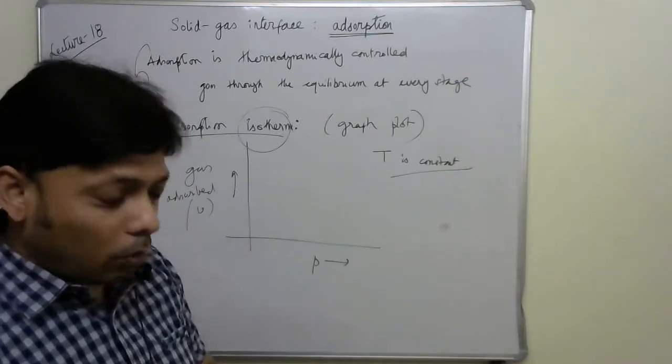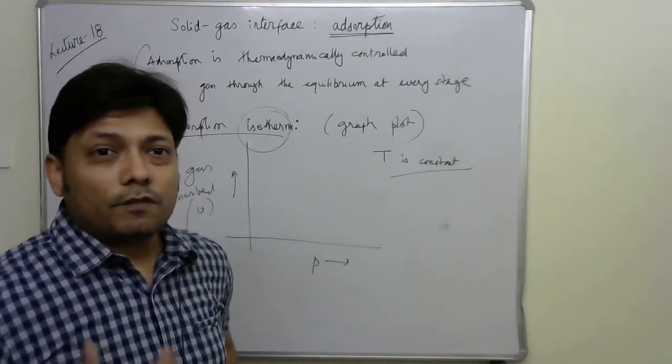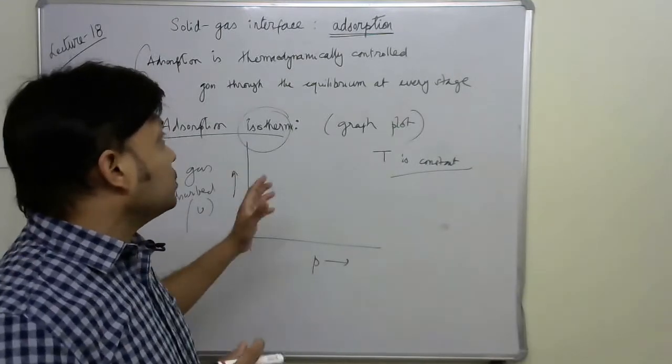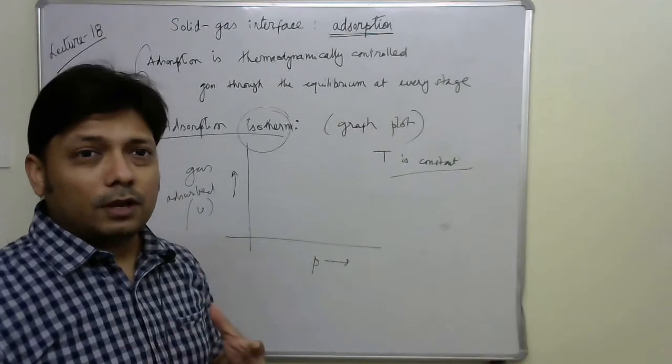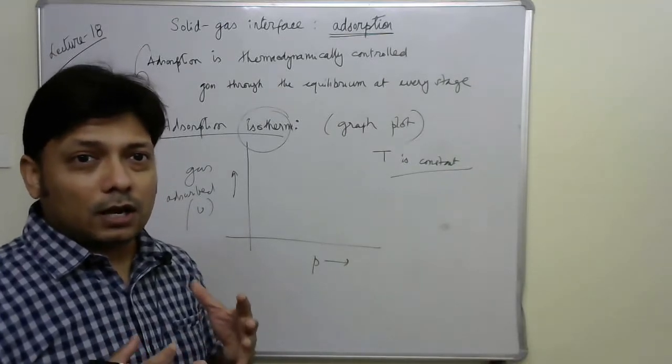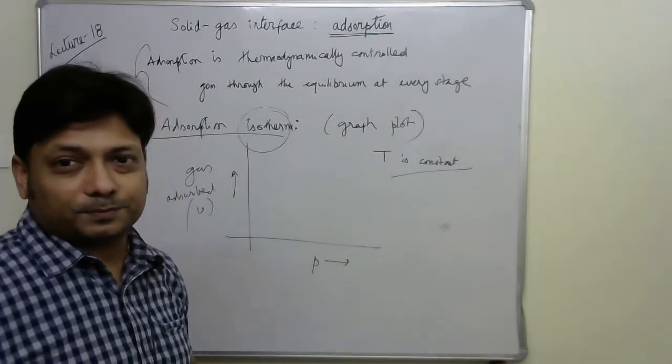Since we are studying colloids and surfaces, measuring the properties of the surface, the adsorption procedure gives a very important tool. Okay, so let's quickly take a look at this.